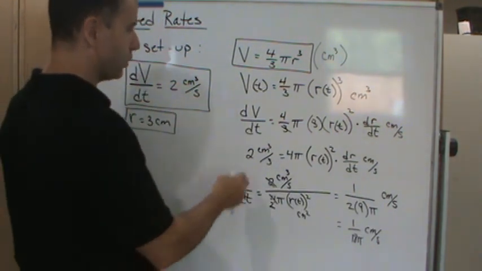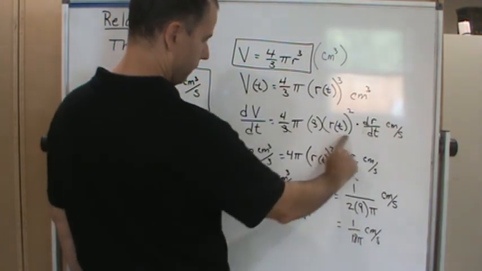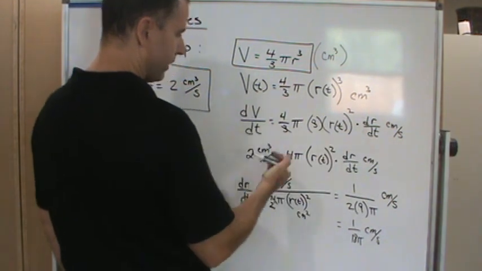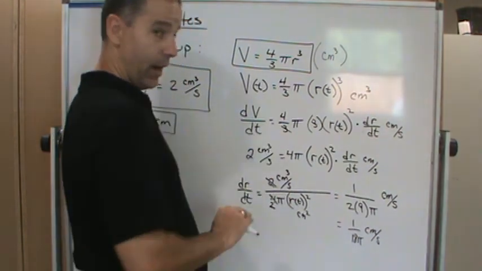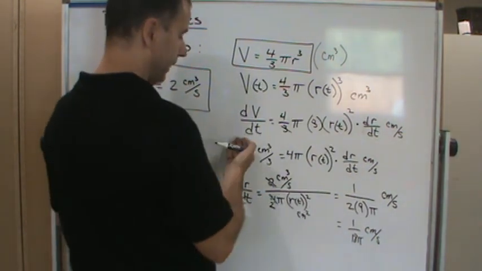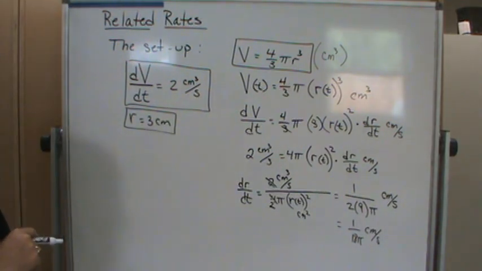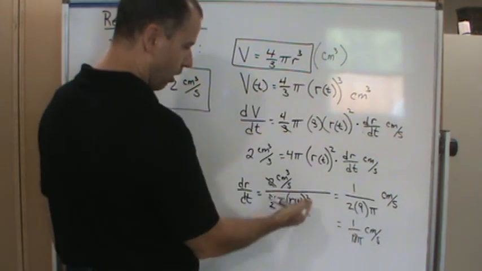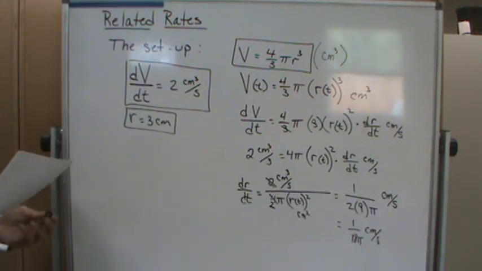So we simplify it, and that tells us we've got this differential equation that relates two variables that are changing. Then we plug in the information given in the problem to solve for the other rate. All right, that's it.